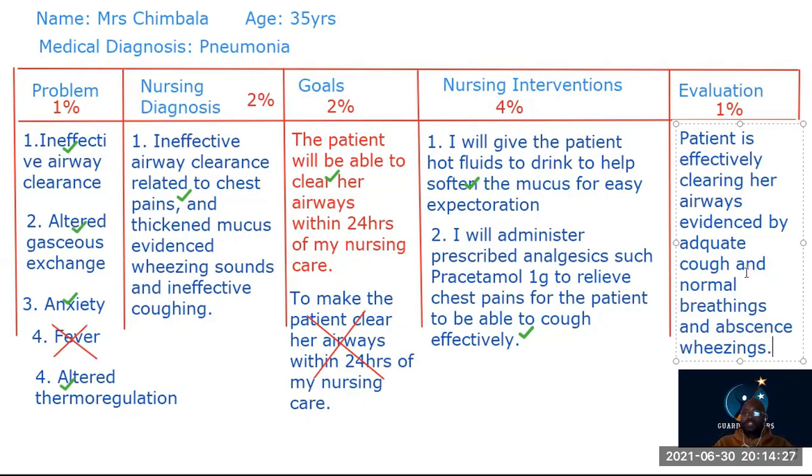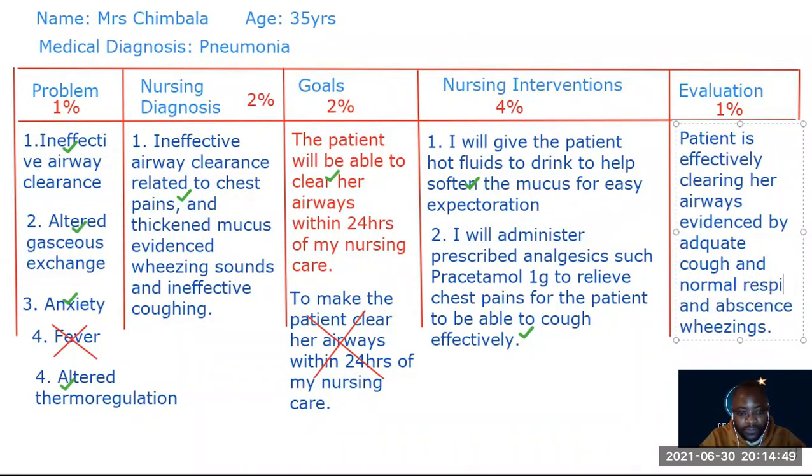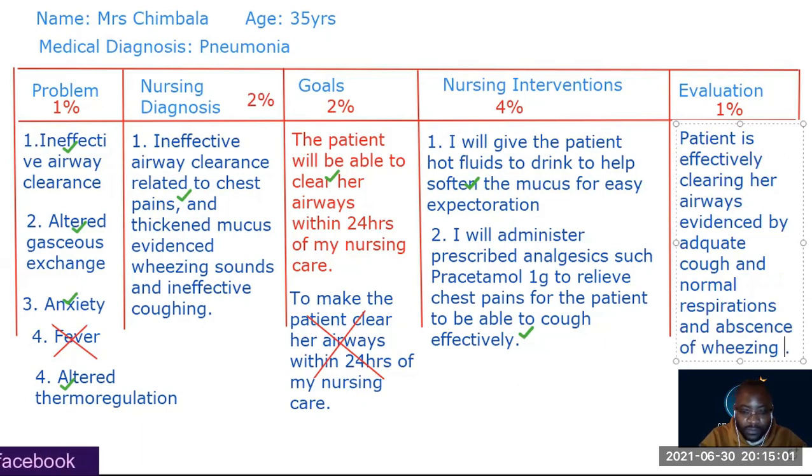So this evaluation has got an evidence which is very important. So patient is effectively clearing her airways, evidenced by adequate cough and normal breathing, or let me say normal respirations, and absence of wheezing sounds.